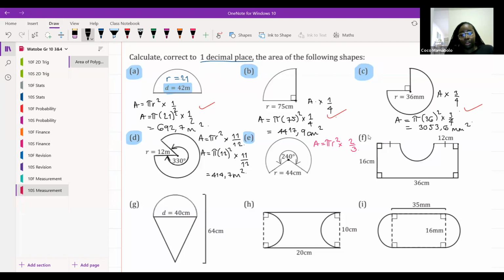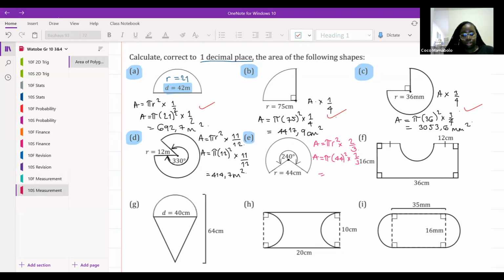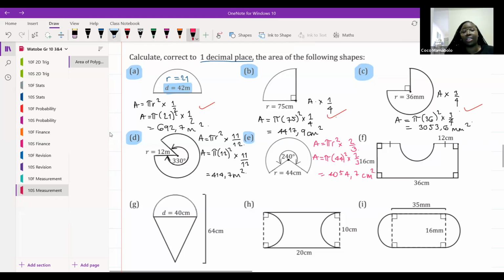And for this last one over here, our area is going to equal pi times 44 all squared times 2 over 3, which gives us 4,054.7 centimeters squared. And as Bonge and Pascal, who have forgotten the units of measurement, we do not forget those. All right, 1 mark for that and 1 mark for that.